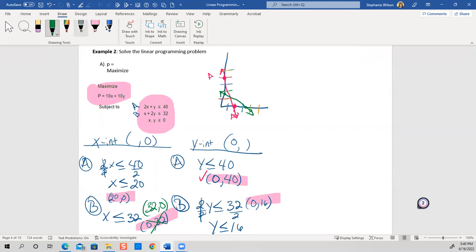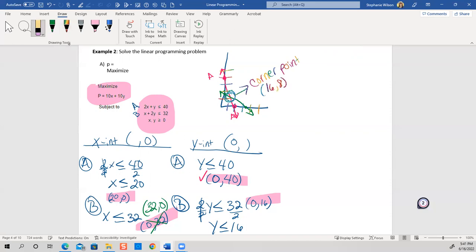Now, here's the thing. The point right here is going to be our corner point. And we need this. So if you're using a graphing calculator or you're drawing it out using a ruler and get it exact, you will see that that specific point right there where they intersect is going to be 16, 8.